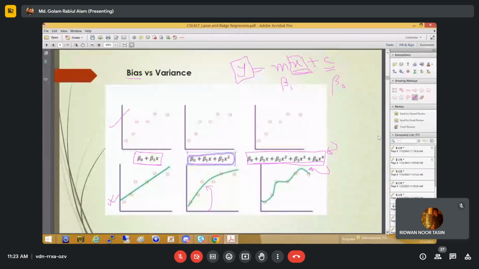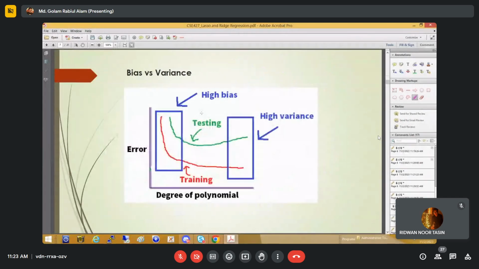So we can see in this picture that we have the degree of polynomials on the x-axis and error on the y-axis. If we train one model, we get the training curve, or convergence curve. This is the training convergence curve.